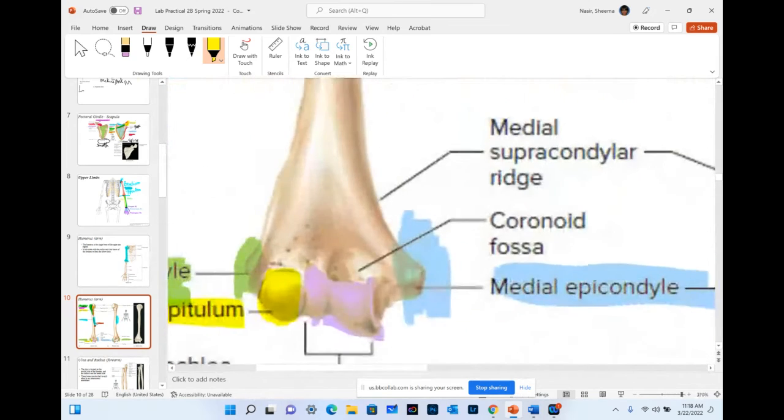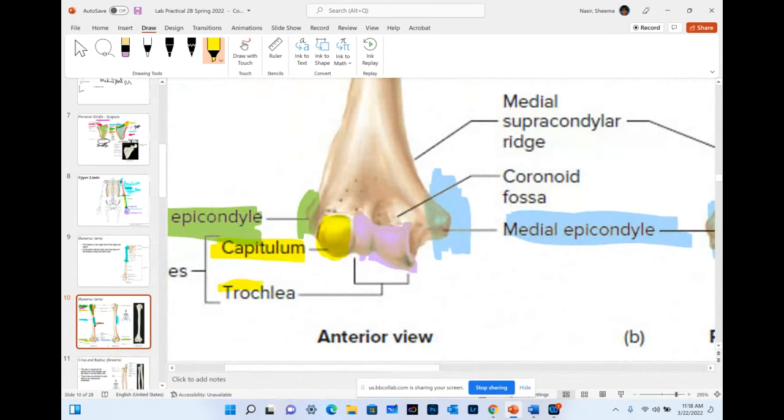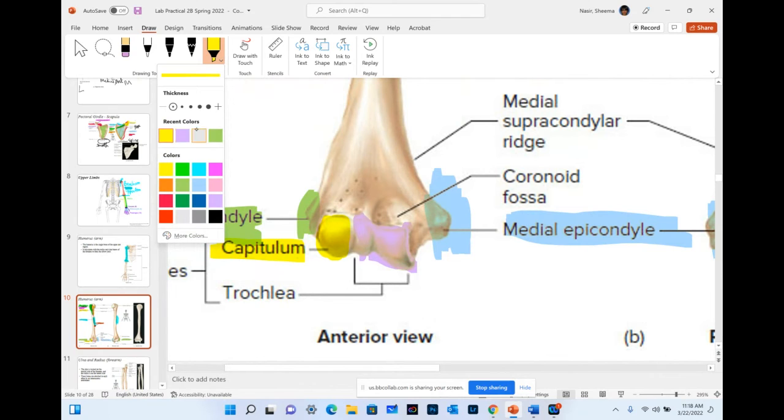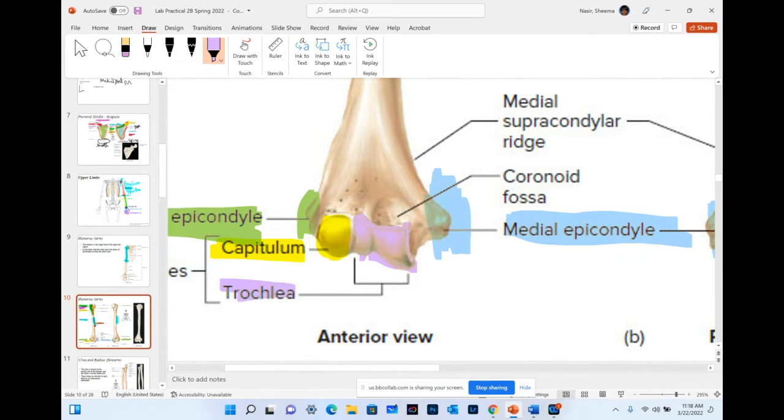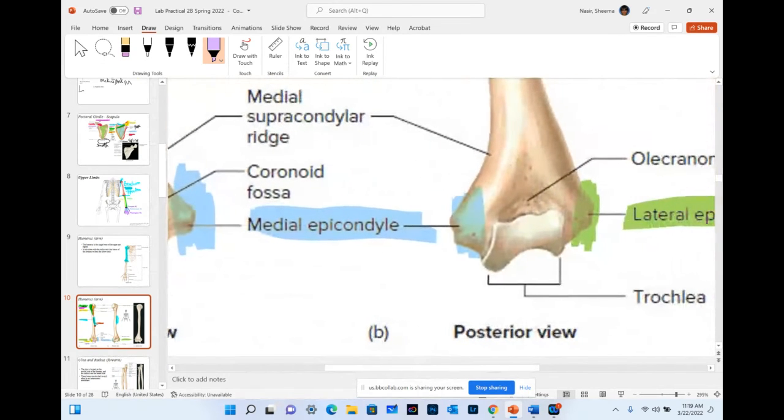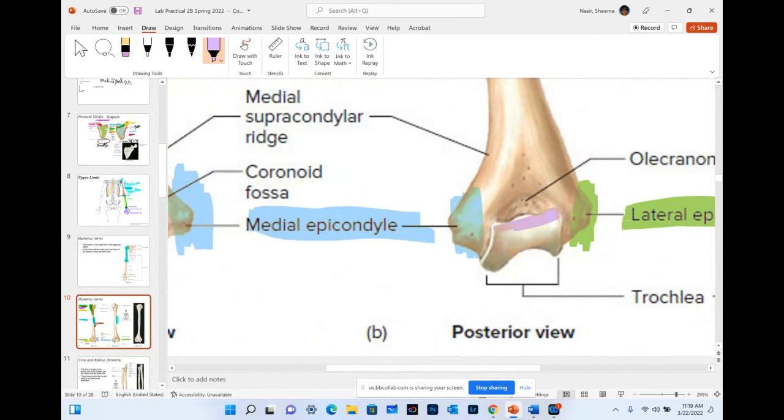So this part right here is your trochlea. See, this part is trochlea. And you can see it more clearly on this side. This entire thing is trochlea.